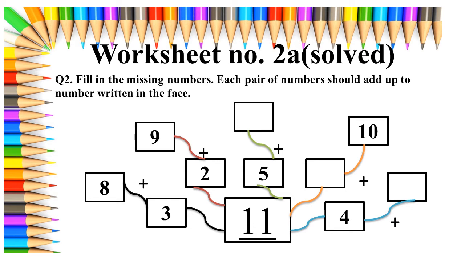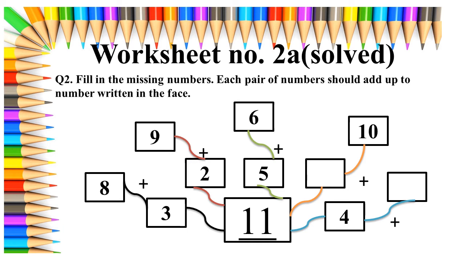Is it easy? Then dash plus 5 is equal to 11. What number plus 5 is equal to 11? Again start forward counting from 5 and stop on 11. 6, 7, 8, 9, 10, 11. 6 plus 5 is equal to 11.